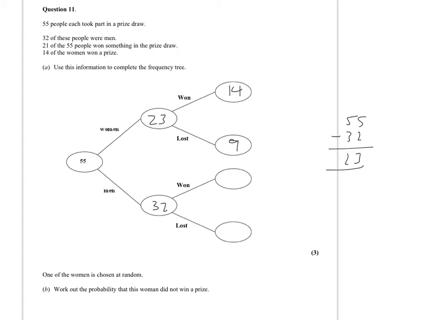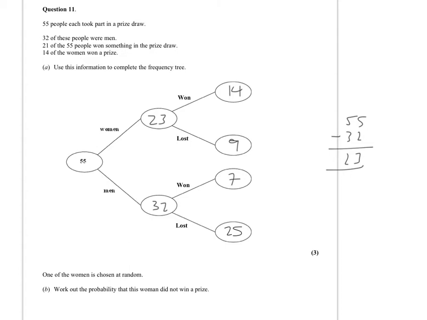And then if 21 people won something, 14 women won, which means that 7 men must have won, because these two need to add up to make 21. Therefore, out of the 32 men, 7 won, 25 would have lost.